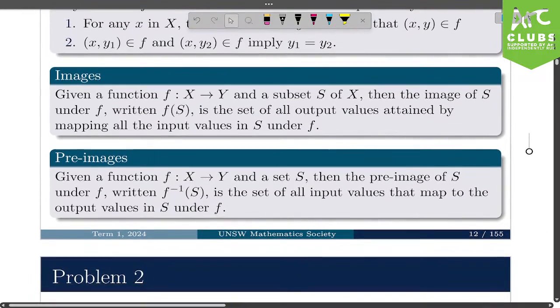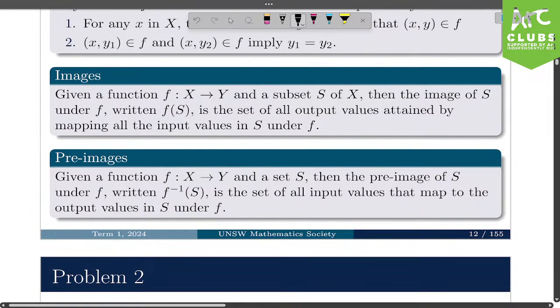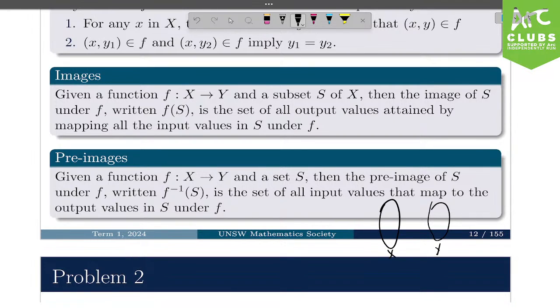I don't really have space for a picture here. Maybe I can squeeze one in. So this is our codomain. This is our domain. And S is just a set in the codomain.